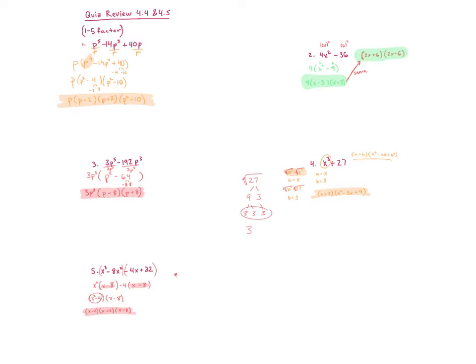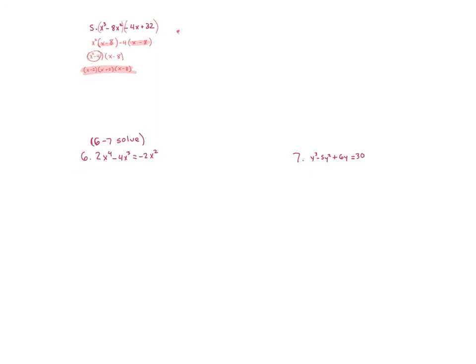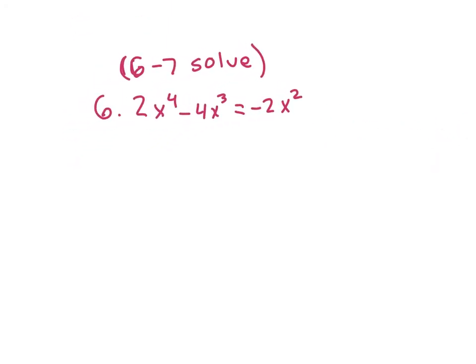All right. For 6 and 7, we need to solve. So we're just taking it one step further than factoring and setting each of our pieces equal to 0. So what do we need to do first here? Add 2x squared to both sides. Perfect. We got to move that 2x squared over.